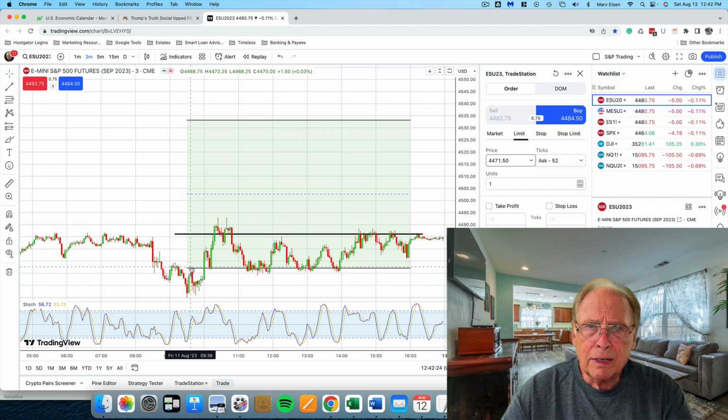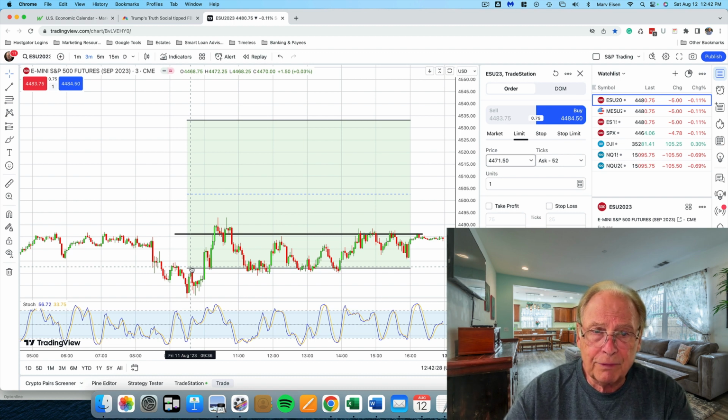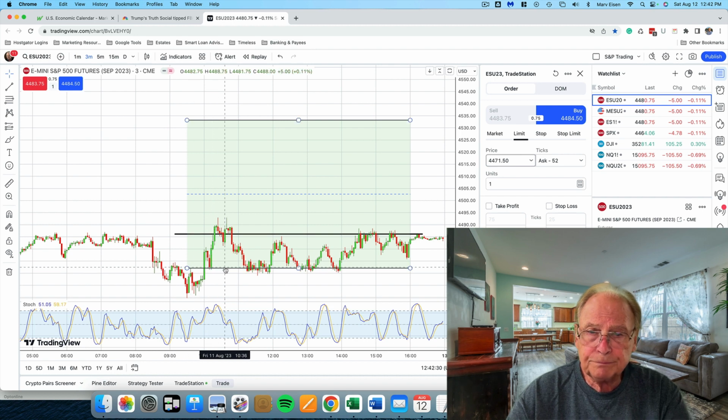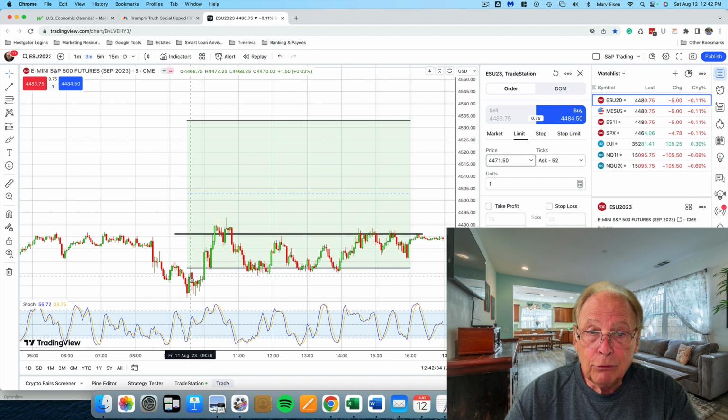Now remember, a target level, these are calculated levels, my friend. These are calculated areas. And when the market hit that, it backed off. And it backed off about, almost 10 points, okay? So for those who hopped on immediately, they could have found themselves flat or underwater if they held on.